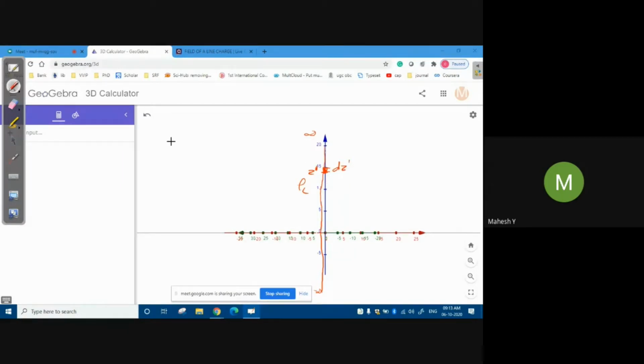Now, what is the small charge of that length? Can anybody tell me what the small charge in that region is? dq. The length is dz prime and the charge density is rho L. So what will be the total charge in that small piece?